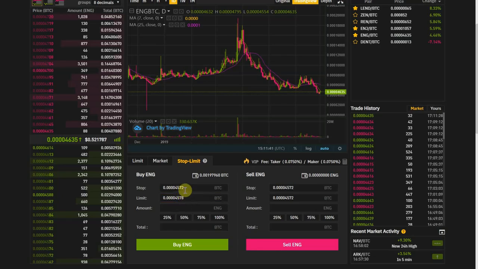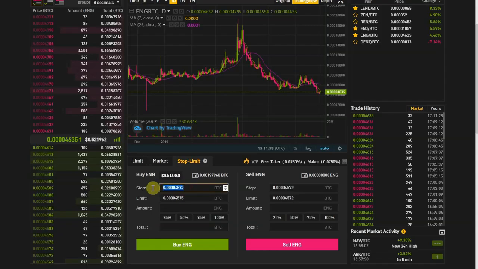It's kind of, so if the price ever reaches this, I want a limit order to be placed at this price, or at this price to be more, to lose less.